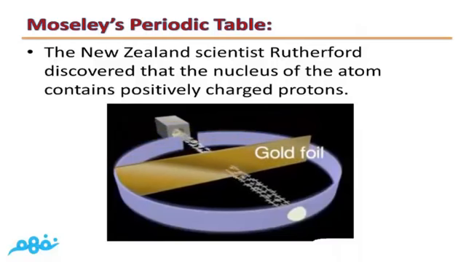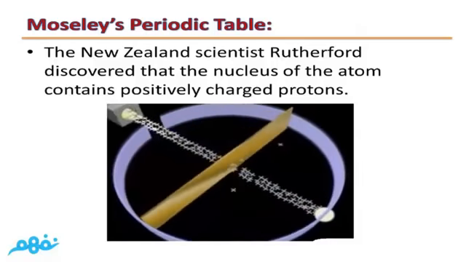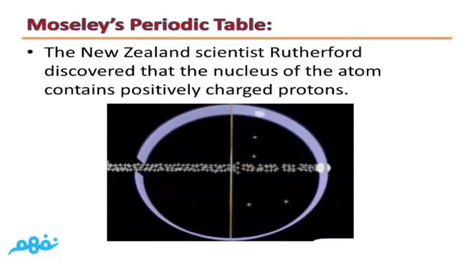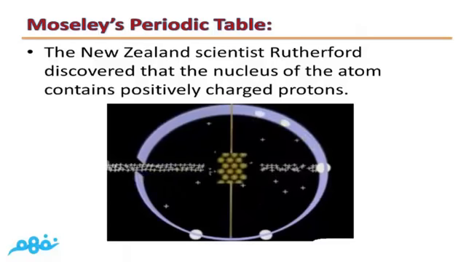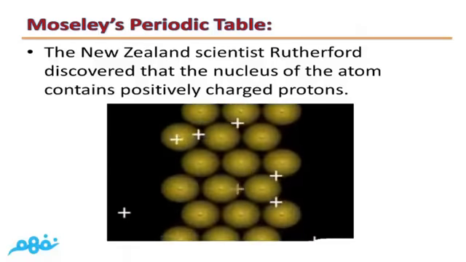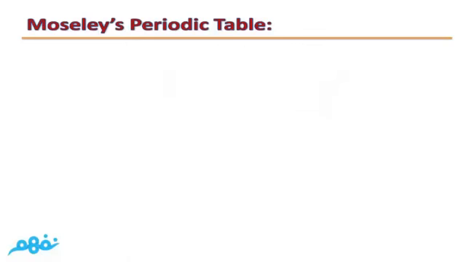After doing the experiment that we see right now, Rutherford discovered that there is a central core inside the atom. This central core is positively charged. So it contains positively charged particles which were called protons.